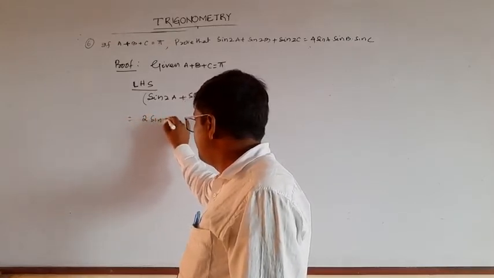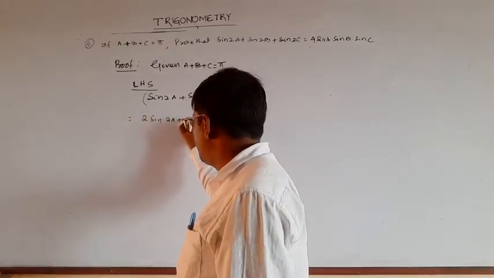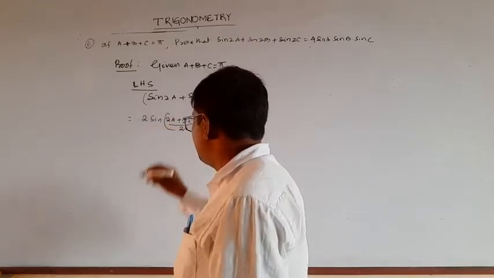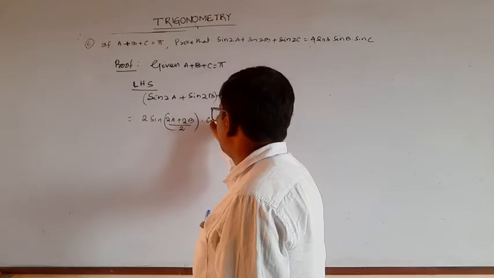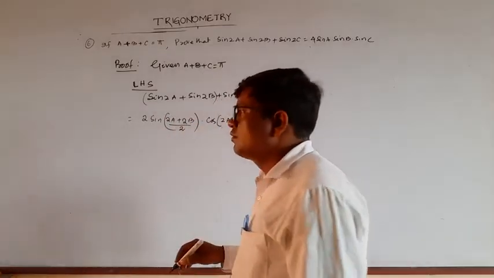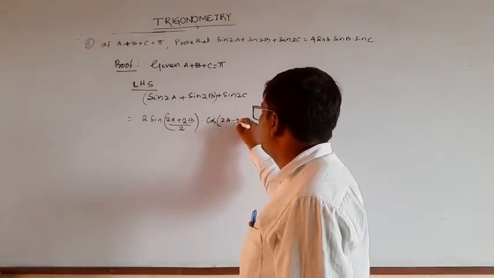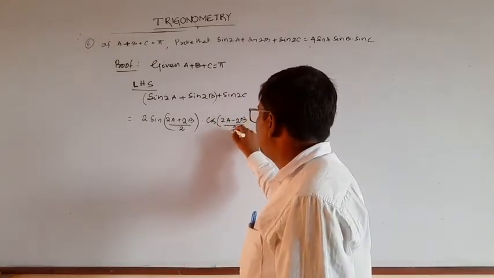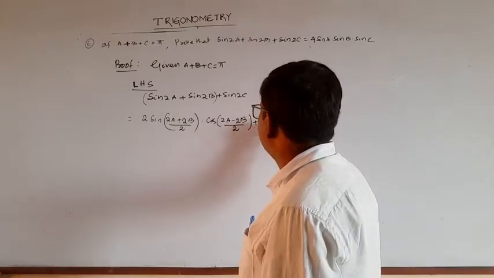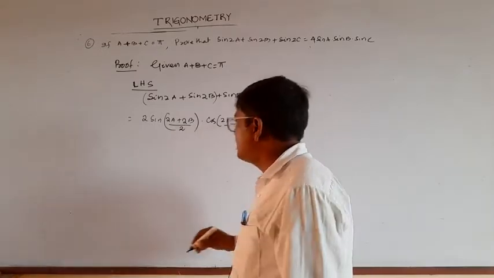So this is equal to 2 sin (2A plus 2B)/2, using sin C plus sin D, into cos (2A minus 2B)/2, plus sin 2C.